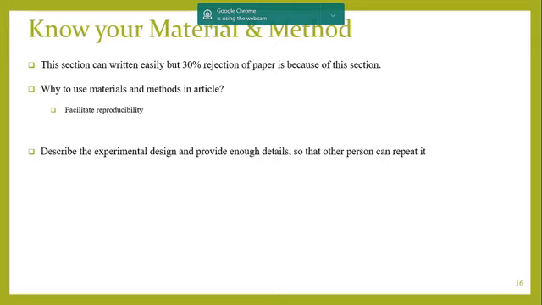This way of writing started from the 17th century. The scientists or researchers started to write the steps or the materials they have used in the paper. So since then we have followed this structure of writing materials and methods.